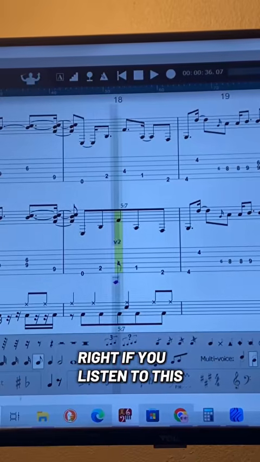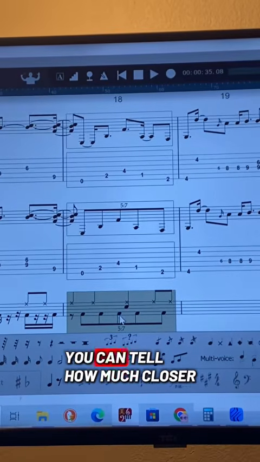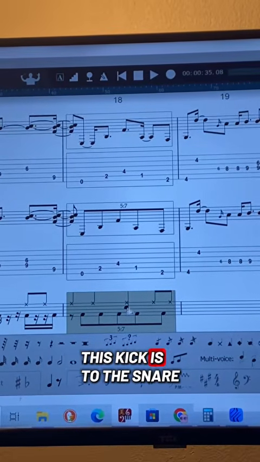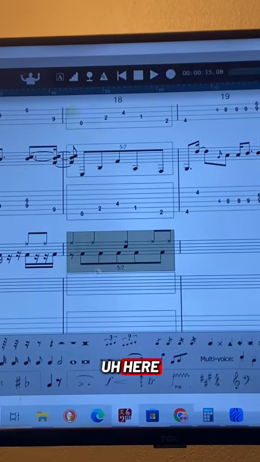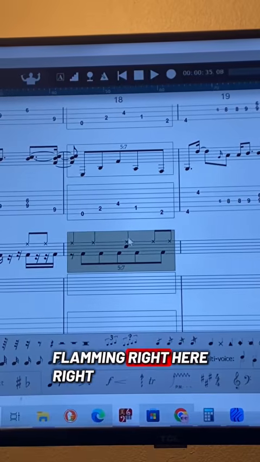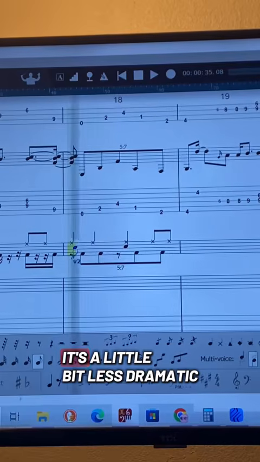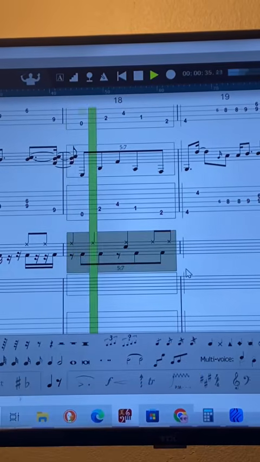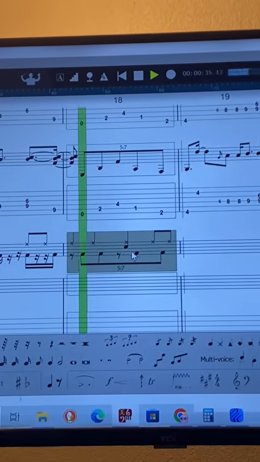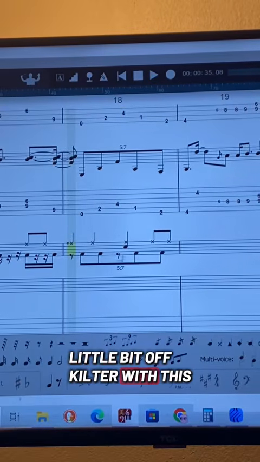If you listen to this with the kick in place right here, you can tell how much closer this kick is to the snare. You can hear them almost flamming right here. If you take it out, it's a little bit less dramatic, but it does still feel a little bit off kilter with this one.